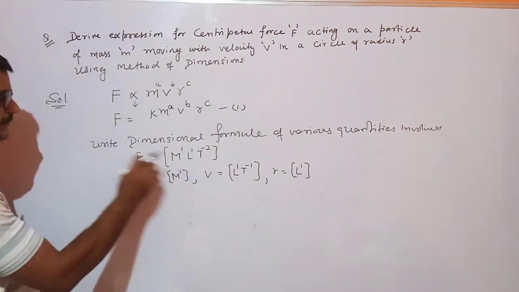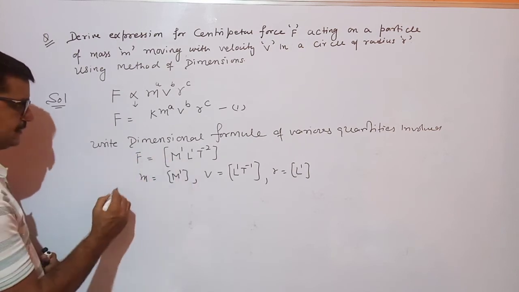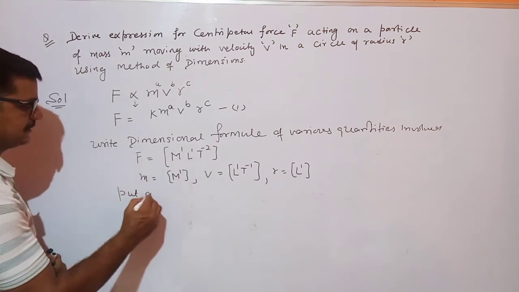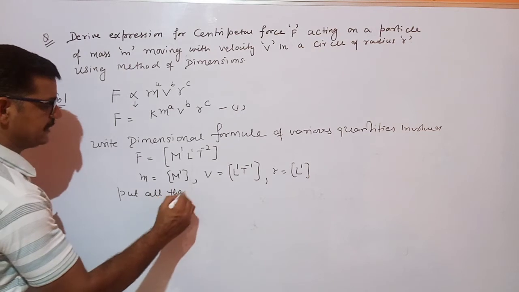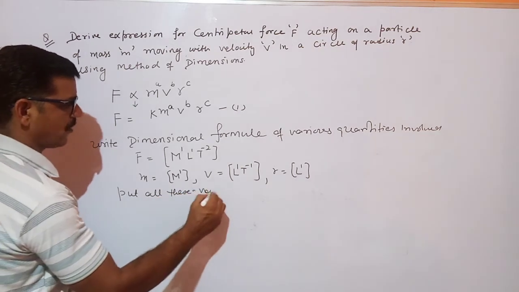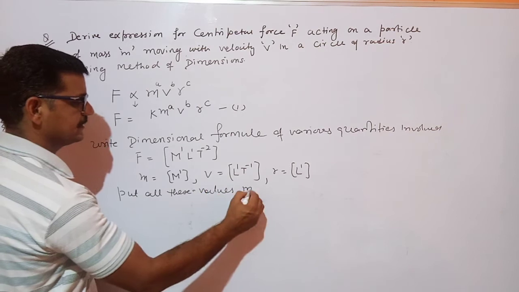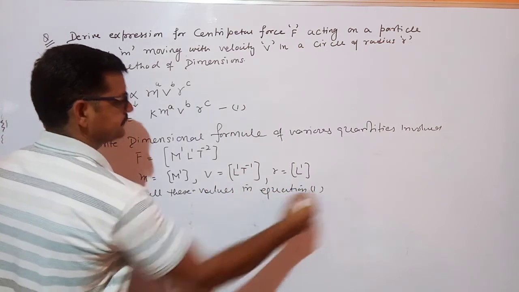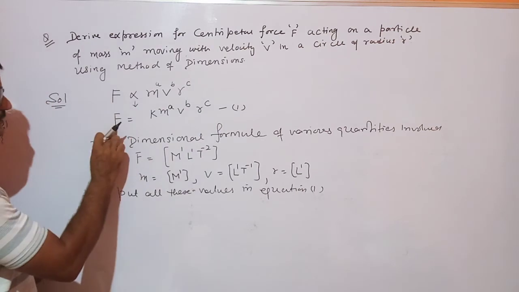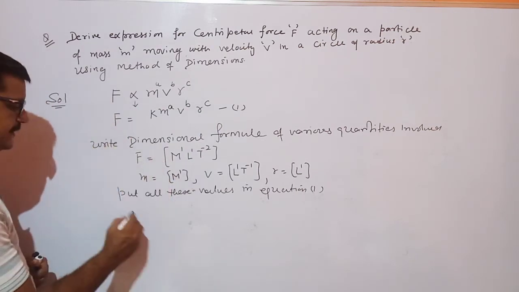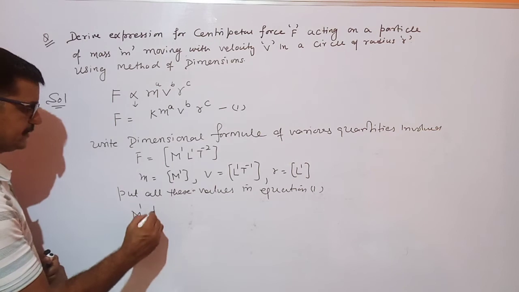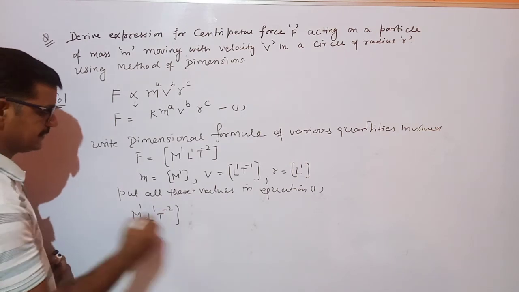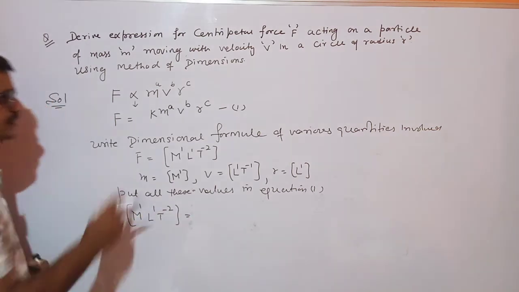So what will you get? Force, you can write here, put all these values, or you can say the dimensions, in equation 1. So what will you get? Force that has the dimensions of m power 1, l power 1, t power minus 2.